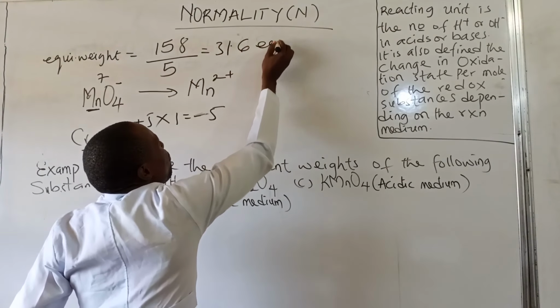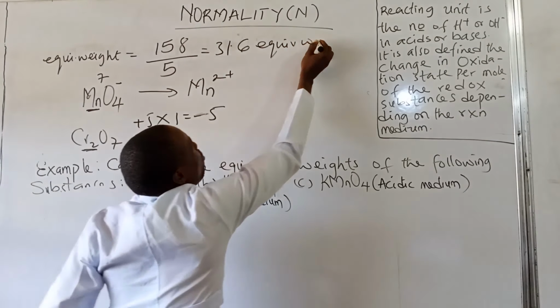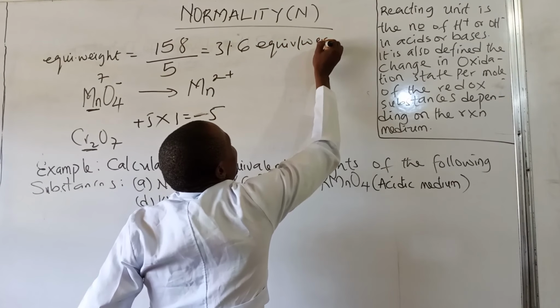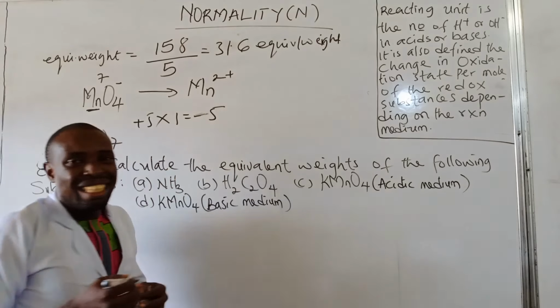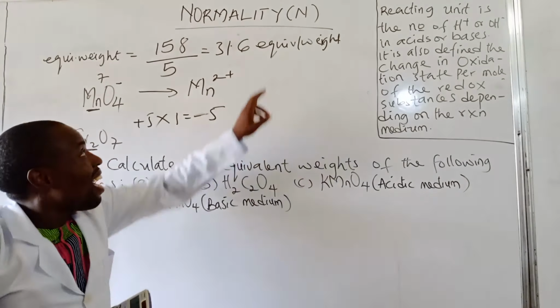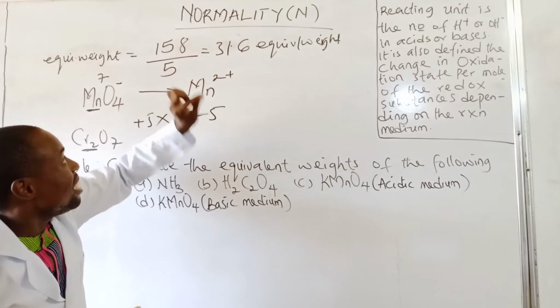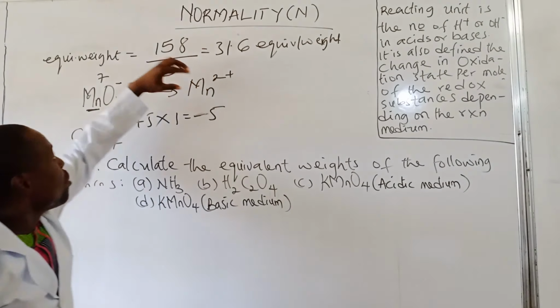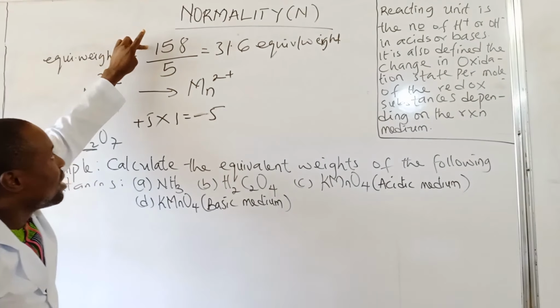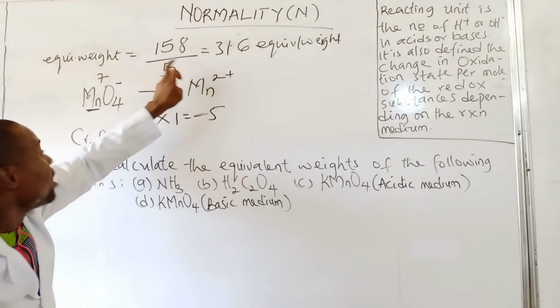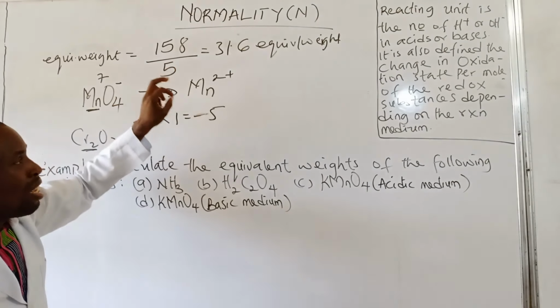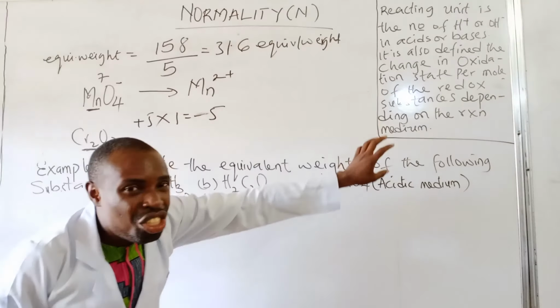So here becomes 5. So when I divide it, I'll be having it to be 31.6 equivalent weight. So that is the final answer to this. Please do not get it twisted. First get the molar mass, then get the reacting unit, in the sense that the reacting unit for redox is the change in oxidation state.